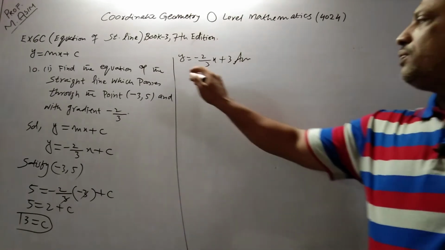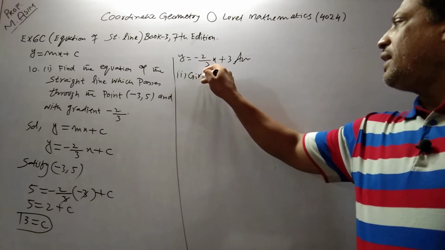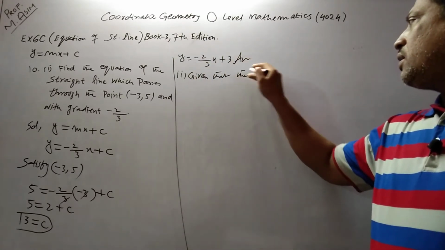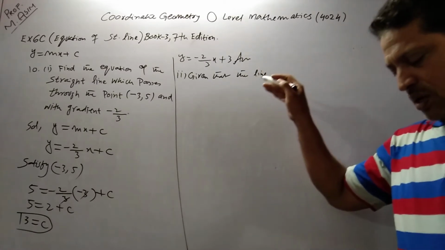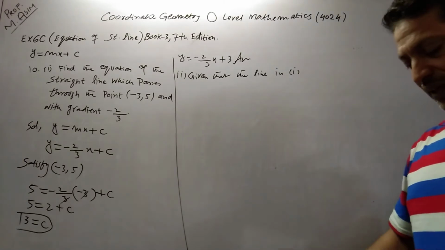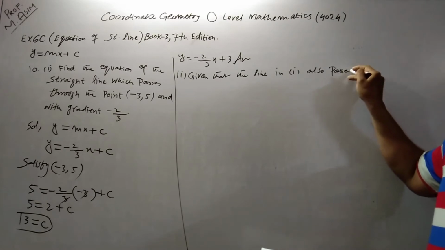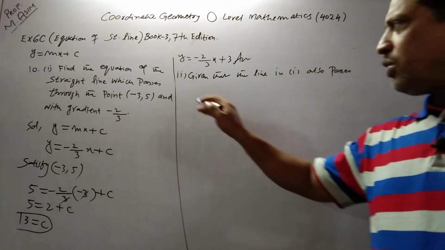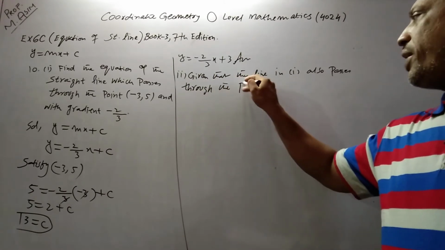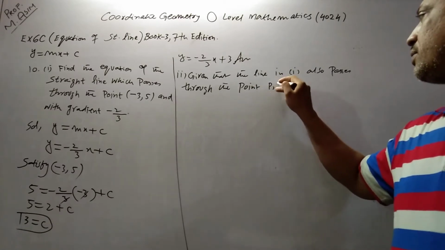Come to part 2 of question number 10. Given that the line in 1, means in part 1 also, passes through the point (p, 3).